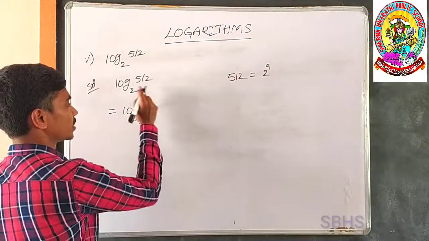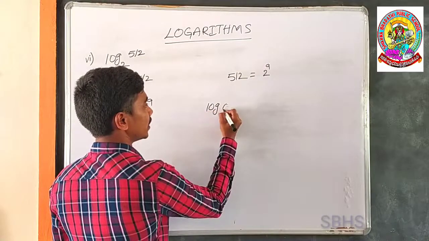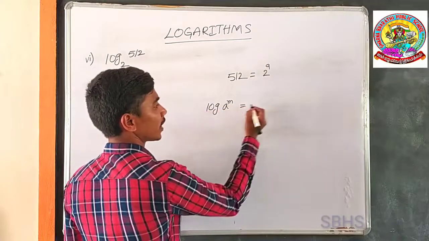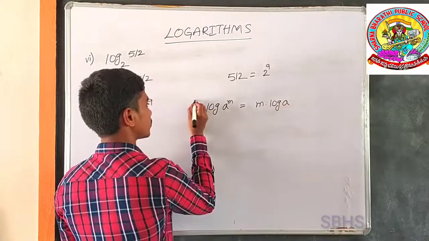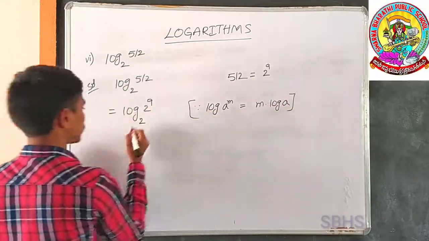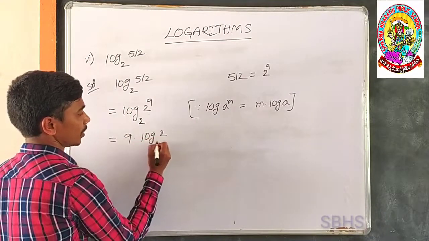Once observed, it is in the form of log a power m to the base 2. Log a power m is equal to what? m into log a. So 9 into log 2 to the base 2.